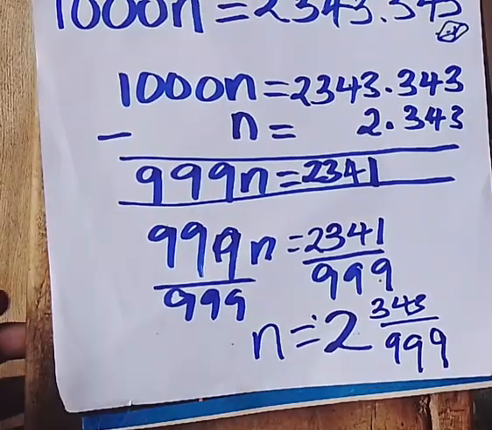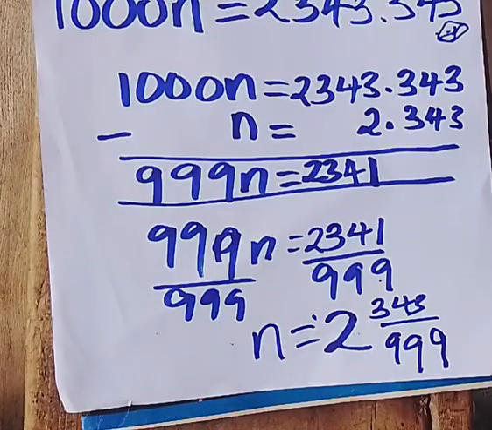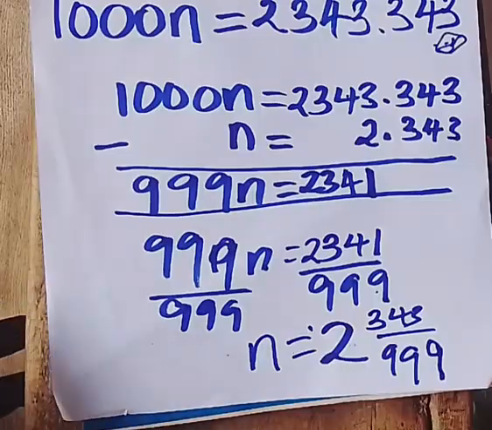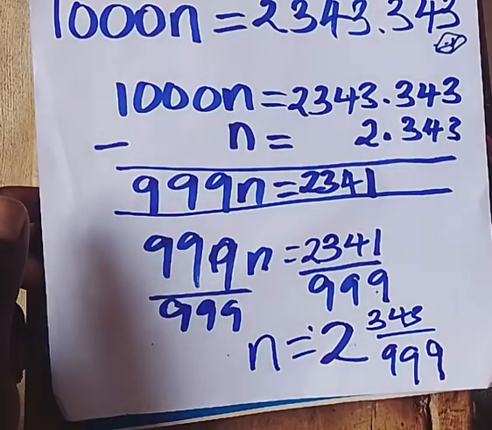So this is the easiest way that I invented, putting the decimal point just before the recurring and after the recurring digit. So that is scenario 1.